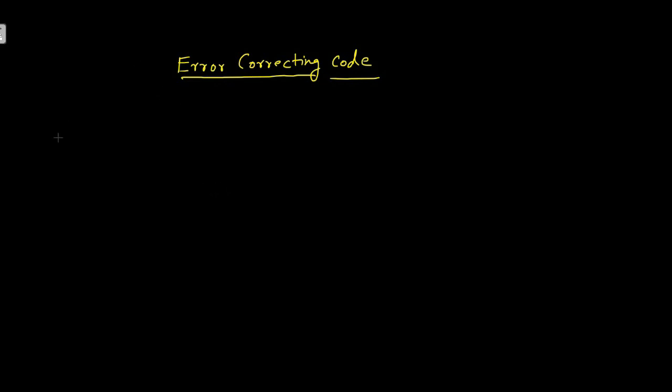So here we talk about Hamming code. Hamming code has this format. It has 4 data bits, starting from P1, P2, D3, P4, D5, D6, D7.